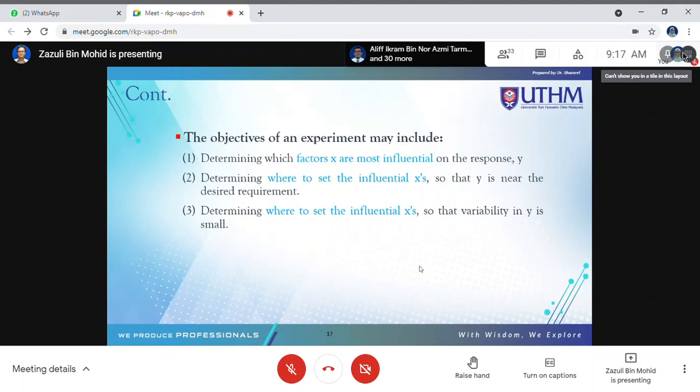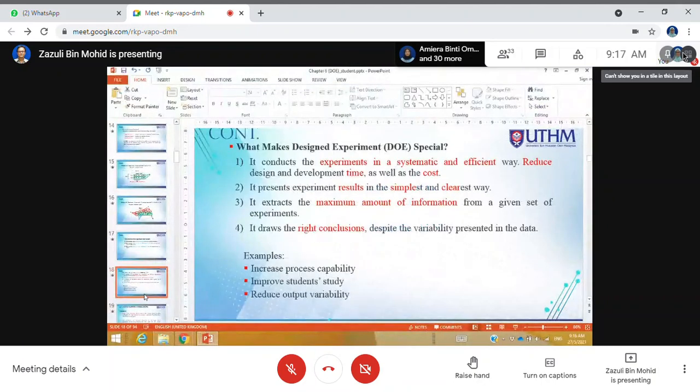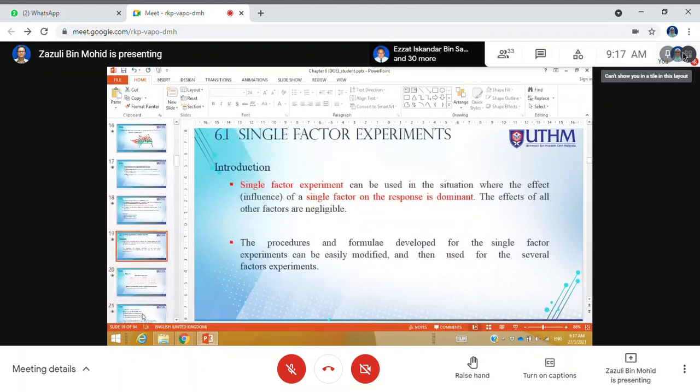This is slide 18, which I think was already mentioned in the first five slides. You can read it again. And the next is about the single factor experiment.